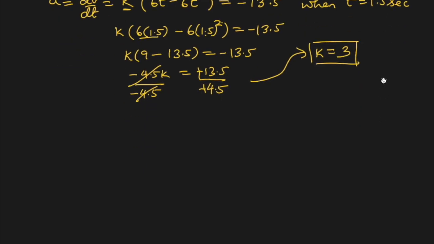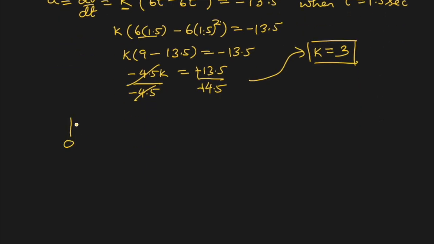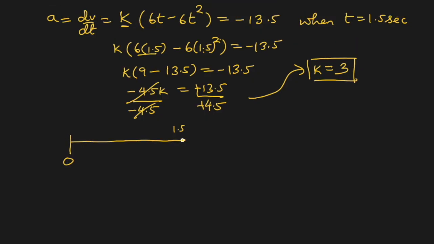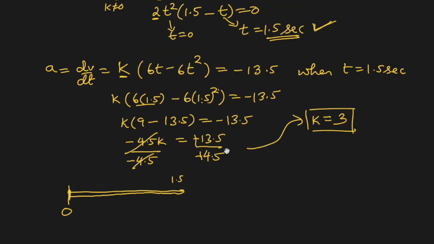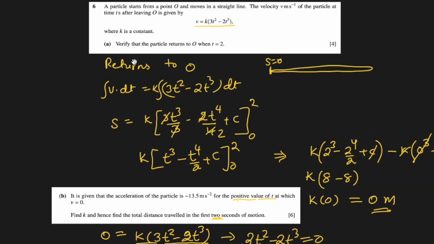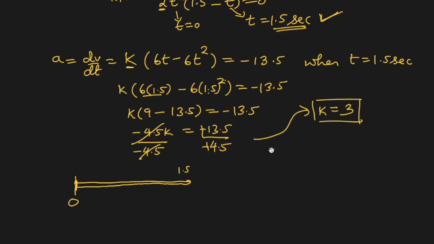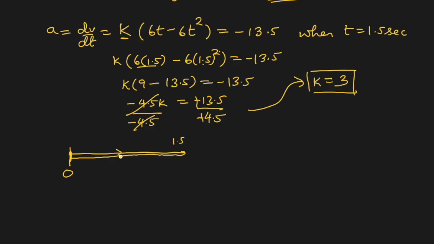Okay, so let's try to visualize this again. It started from O. For 1.5 seconds it traveled, stopped. Whenever a velocity becomes 0, that means it turns back. It turns back, and at 2 it came back to this one, because in part A we proved that displacement at t equal to 2 was 0. So are they asking total distance in 2 seconds? That means we have to find only one distance from 0 to 1.5, and the same distance was traveled in the next 0.5 seconds to reach O again at 2 seconds, t equal to 2.